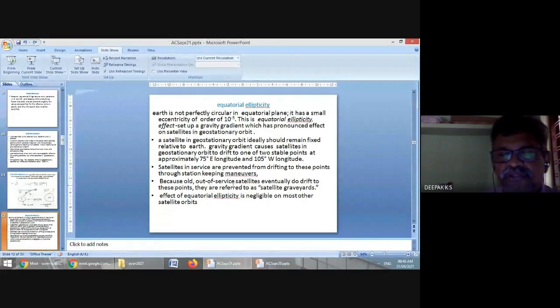However, out of service satellites, if no station keeping maneuvers are done, will finally drift to these points and are collected there, in satellite graveyards. So the effect of equatorial ellipticity is negligible on most other satellite orbits, basically affecting the geostationary orbit, not the low altitude orbits.